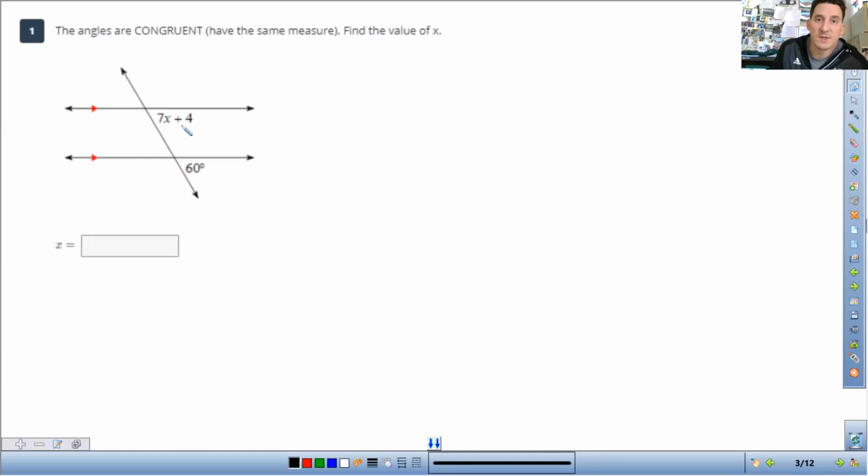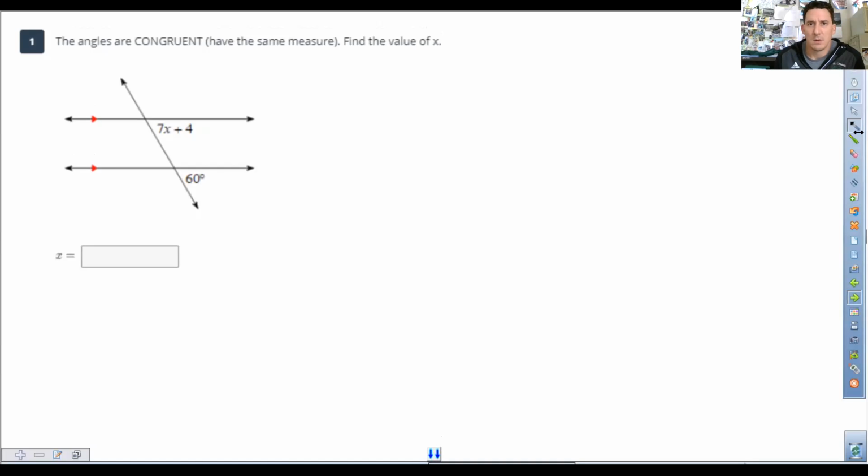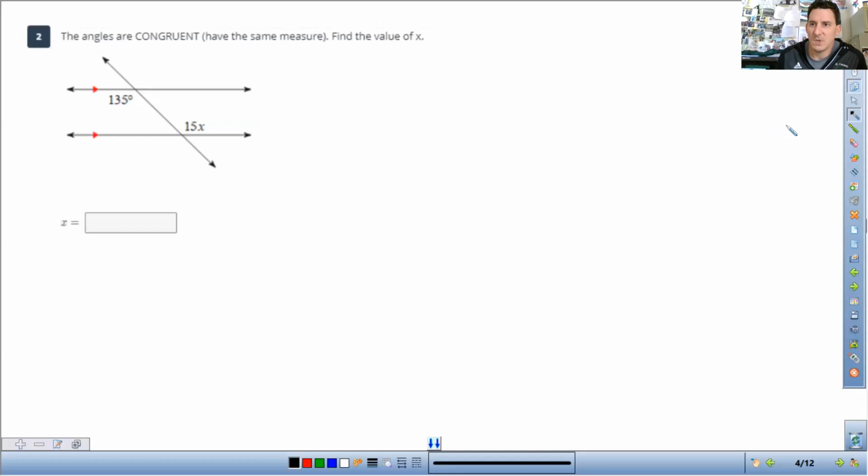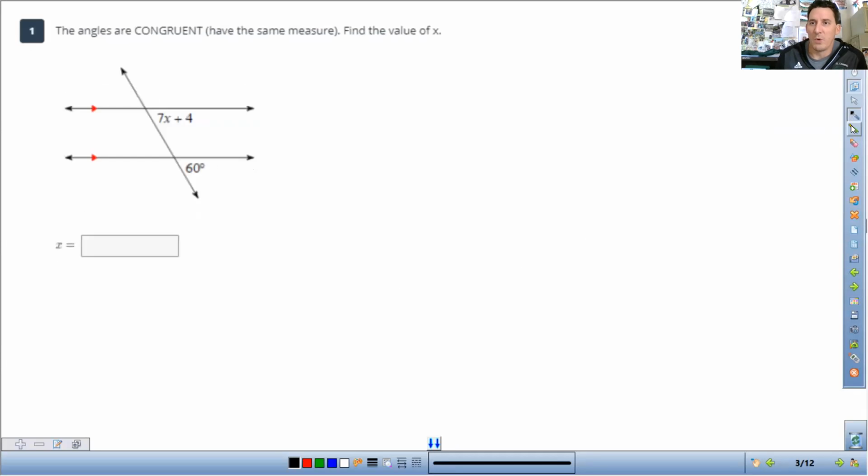These angles are congruent, so for the first few problems, we're just going to work on how to set this up when they are congruent. One thing I want to remind you, if we make that checkerboard pattern here, this is going to help you figure out if they're congruent or supplementary.